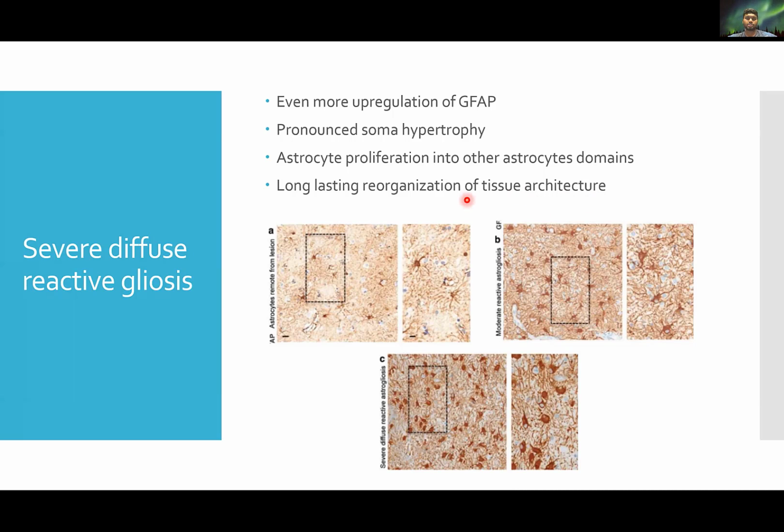So to switch gears, looking at these smaller pictures on the bottom, we can see astrocytes that are remote from the lesion, right? If you remember from the previous slide, reactive gliosis is regulated based on distance from the lesion.